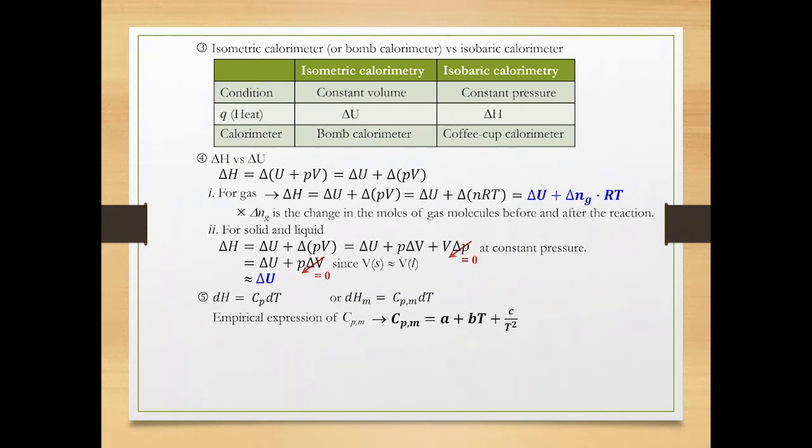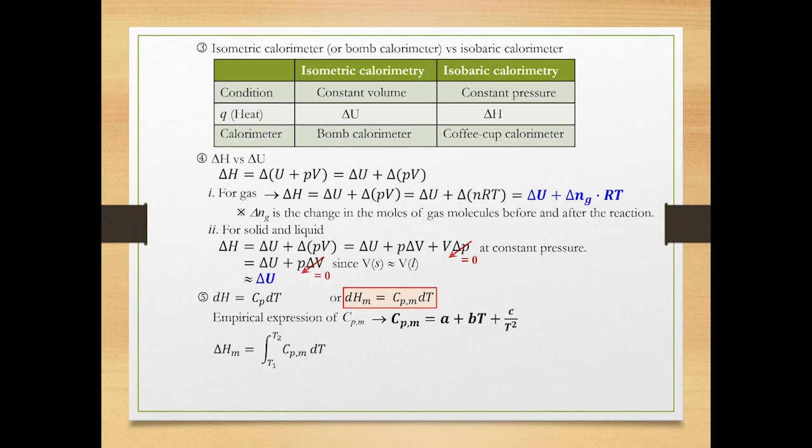Here is the empirical molar heat capacity at constant pressure, which is equal to A plus BT plus C over T squared. A, B, and C are temperature-independent constants. In order to determine the sizable change of enthalpy in a range of temperature, you should take the integral on both sides of this equation.